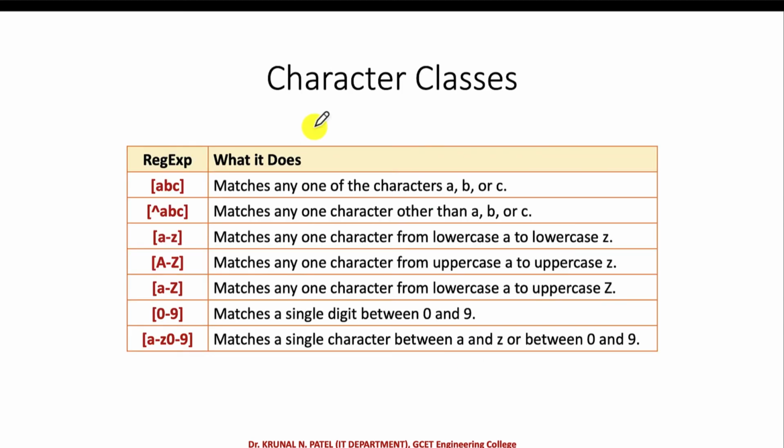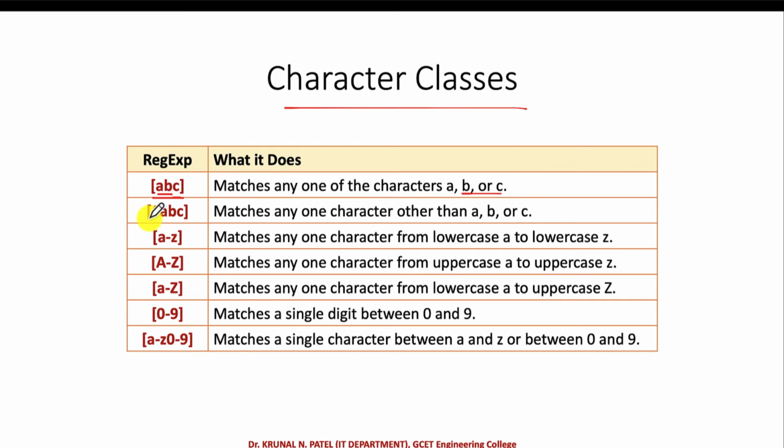Now, for example, we have some character classes, right? As I told you in an earlier example, if you want to only contain characters in a username, you can write this particular pattern like [abc]. What is the meaning? It matches any one of the characters: either it is A, or B, or C, right? So if your string contains any of these characters, then a match will be found.